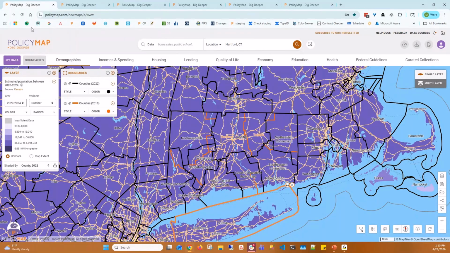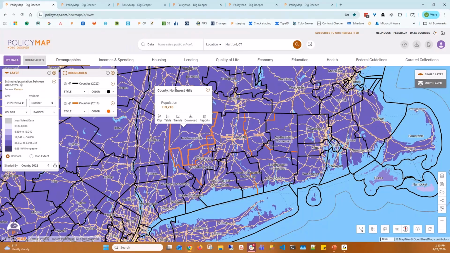They now have 9 planning districts. And so right here, I have highlighted the 2010 census county boundaries, as well as the 2022 county boundaries. As you can see, in 2010, and even in 2020, we were still using the 8 counties that many of us may have known, like Hartford, Tolland, things like that. Whereas now it is, for example, Northwest Hills Planning Region.